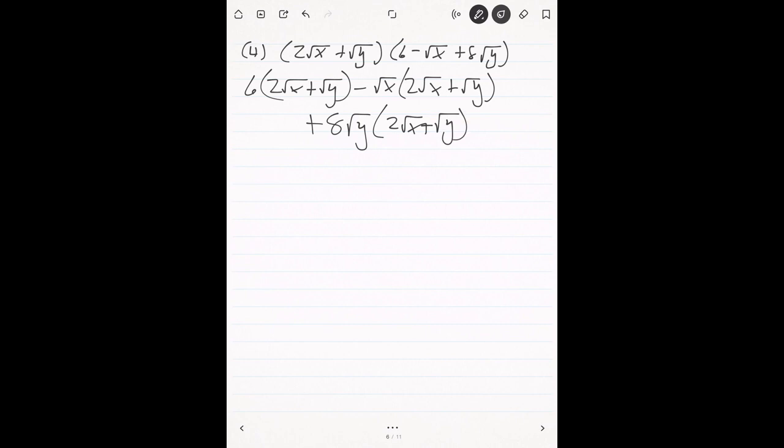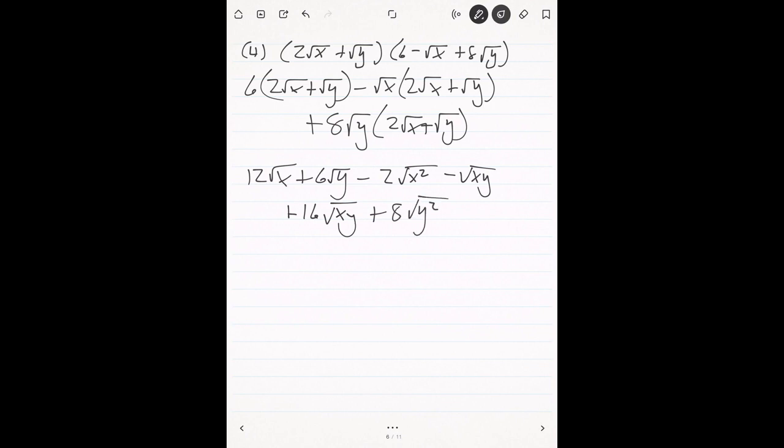Then you'd have to distribute each thing through again individually to get, let's see, 6 times 2 is 12 root x plus 6 root y minus 2 times root x squared minus root xy. And then you'd have to distribute the 8 root y through to get a 16 root xy plus 8 root y squared.